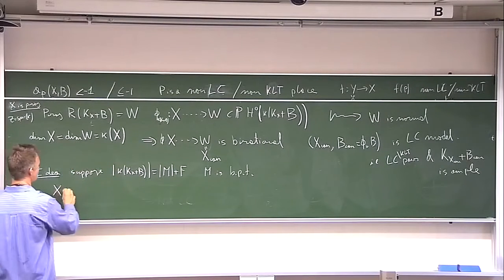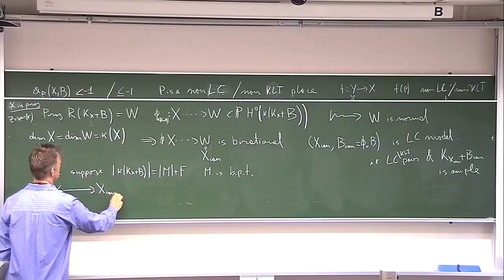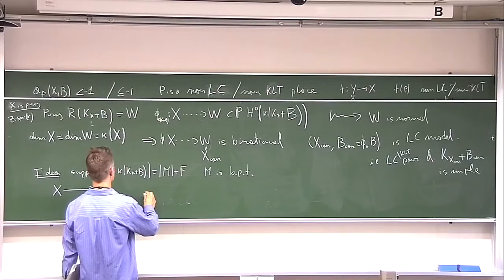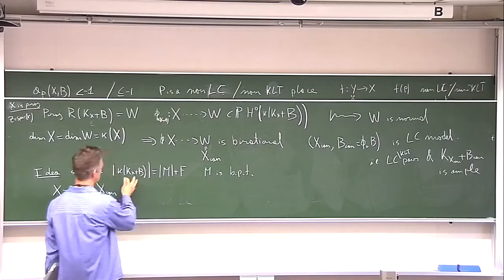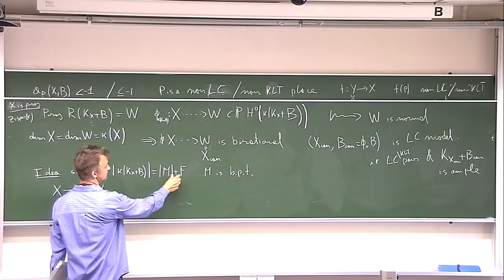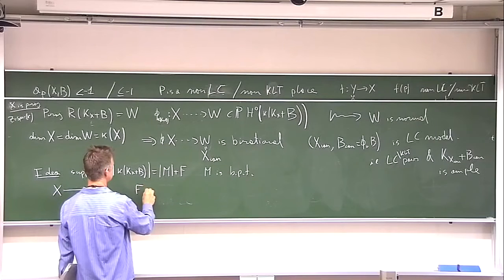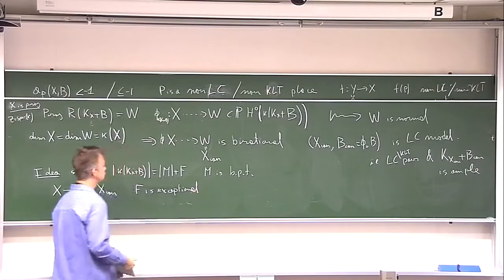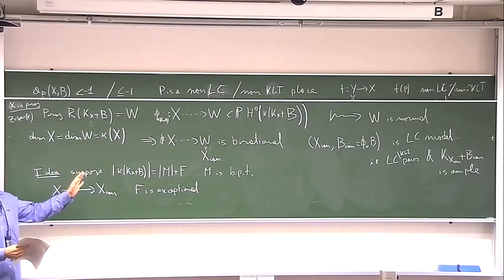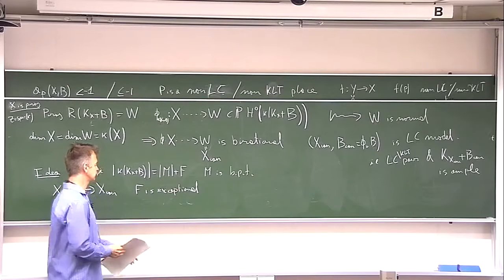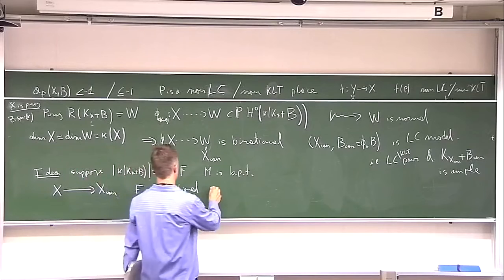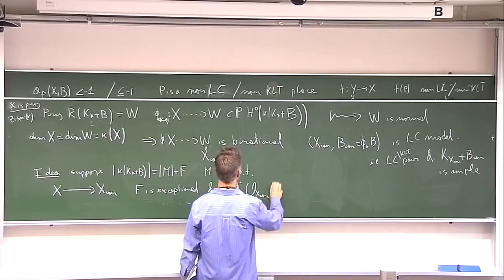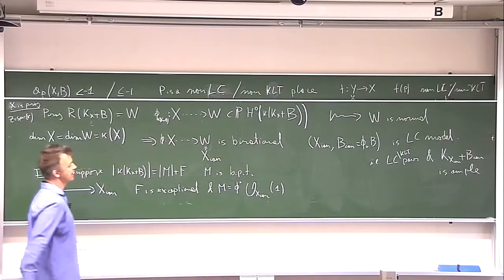So you get an actual morphism to X canonical. And in this case, it's easy to check that the pushforward of this divisor corresponds to the pushforward of this divisor plus that divisor. But f is exceptional once you assume that it's generated in that degree. That automatically forces f to be exceptional. It's an easy check. And M will be the pullback of O_{X canonical}(1), the corresponding hyperplane bundle.